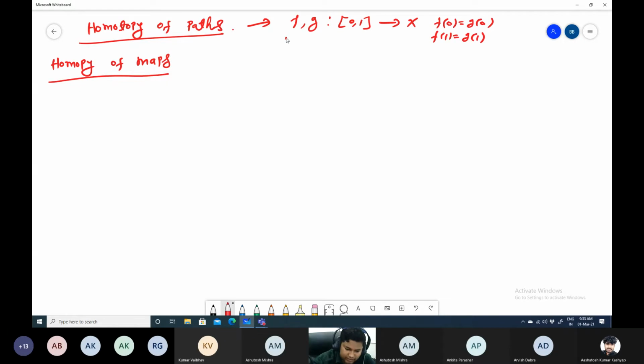Homotopy means some continuous function ft which satisfies some conditions, right? Now we define homotopy of maps. First of all, we take two maps.